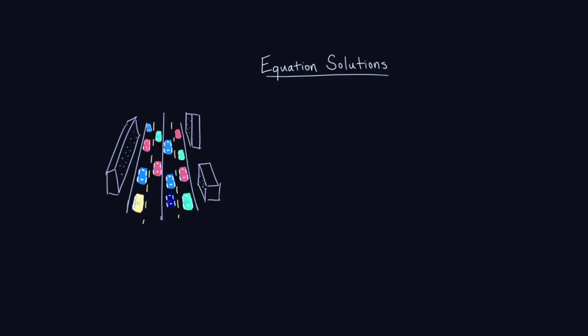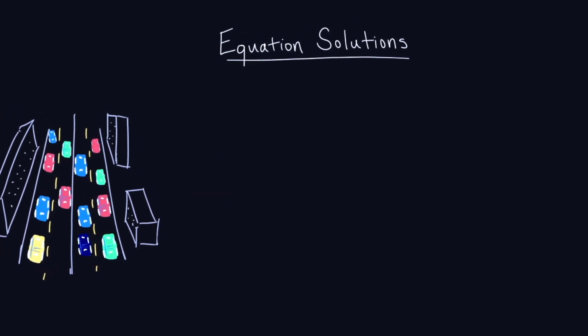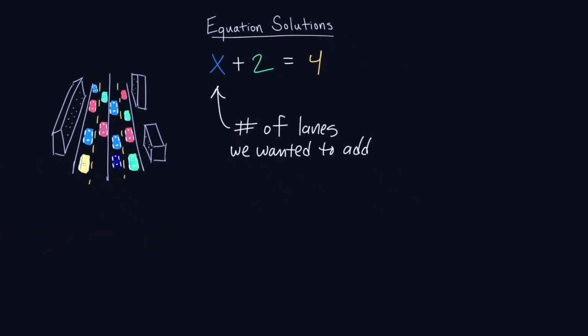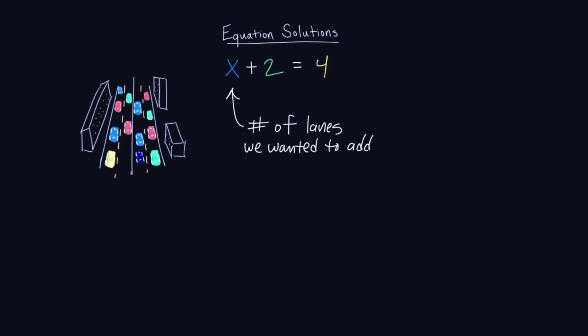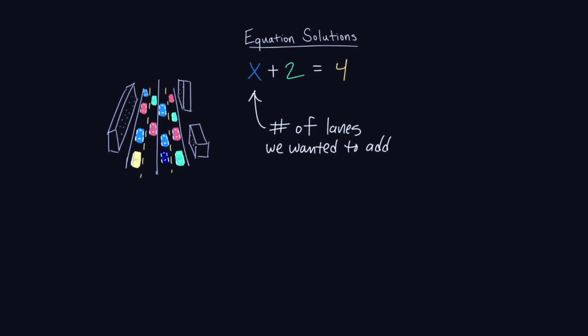So now let's think about what it might mean for an equation to have no solutions as well as an infinite number of solutions. In our last example, where our equation had one solution, x plus 2 equals 4, our x was the number of lanes we wanted to add. Now I want to think of a different equation, and this is one that has no solution, but I'm going to switch around the variables a little bit.